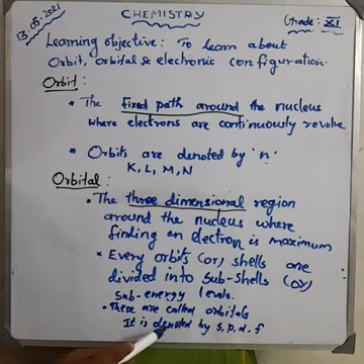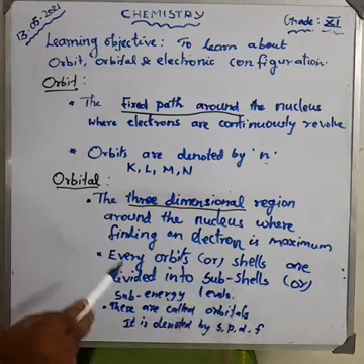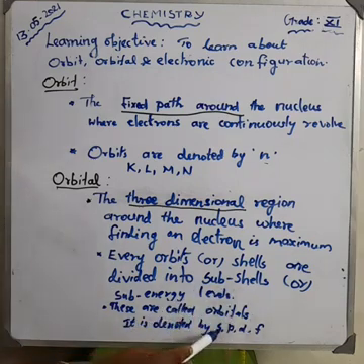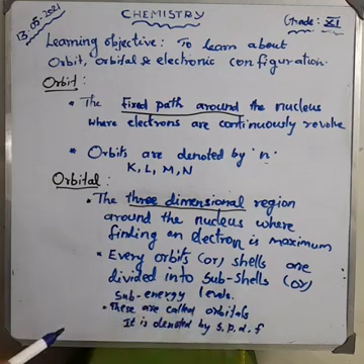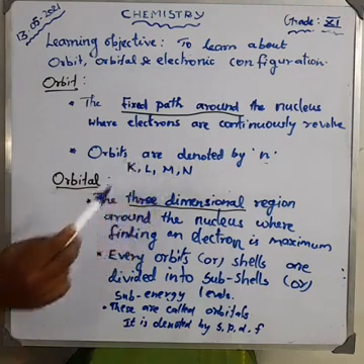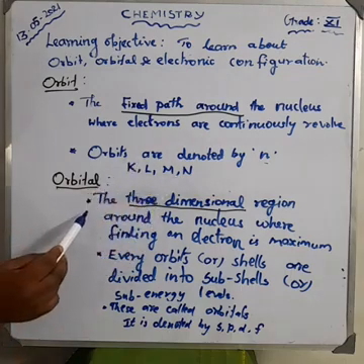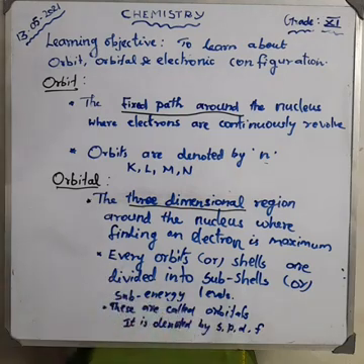The orbitals are denoted by S, P, D and F. So orbits are K, L, M, N, and orbitals are S, P, D and F. There are 4 orbitals.